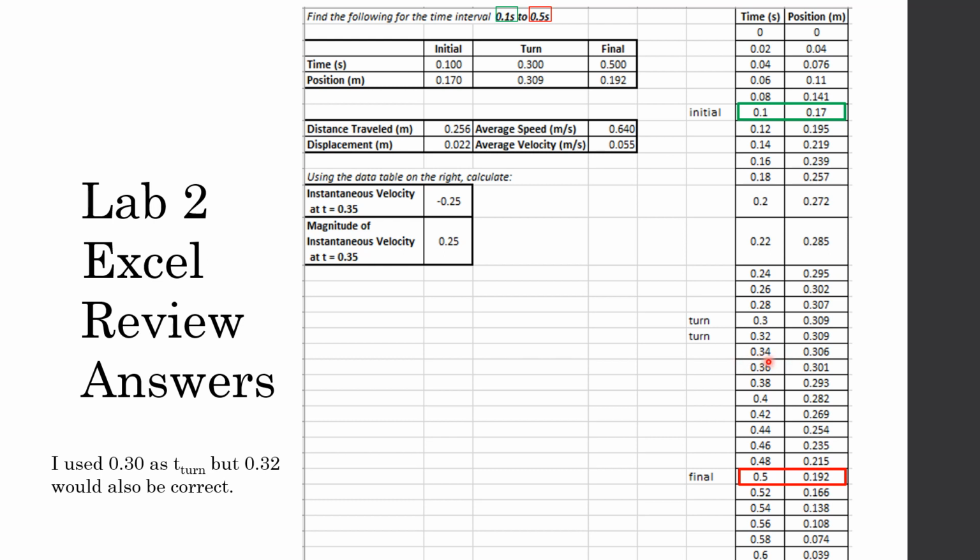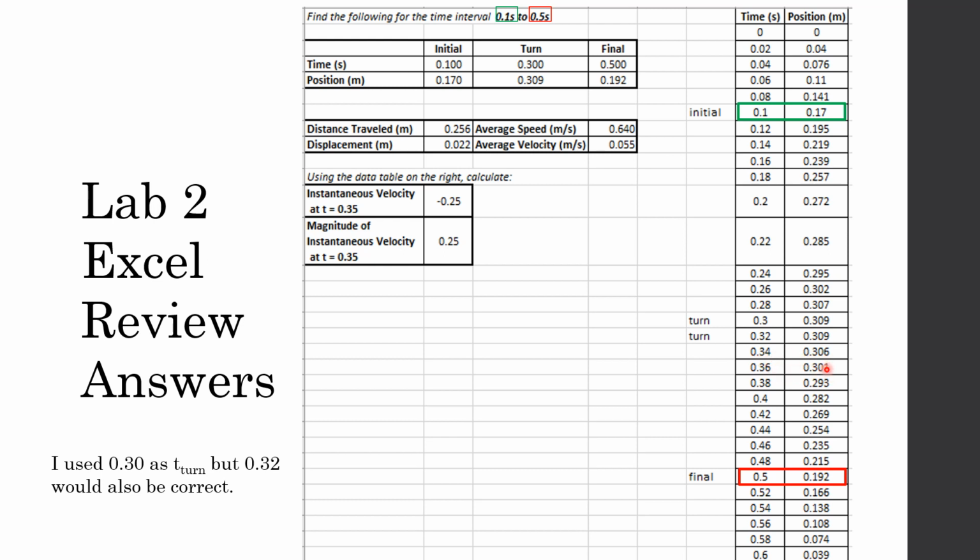And as we've talked about before, instantaneous velocity is going to be computing the change in position over the change in time. So since it's going to be between 0.36 and 0.34, I would use these 2 points. So I would use 0.36 and 0.301 and 0.34 and 0.306, right?